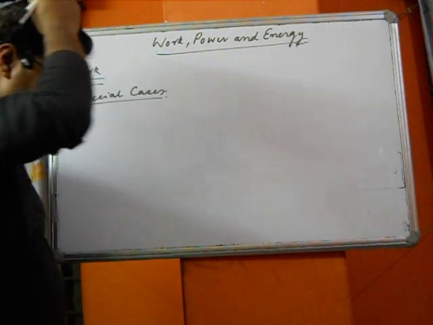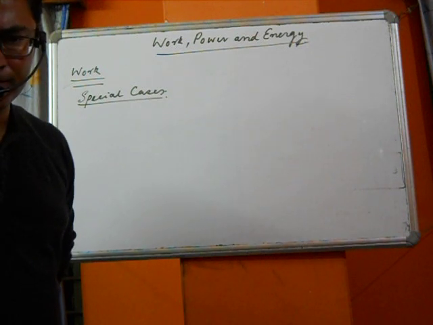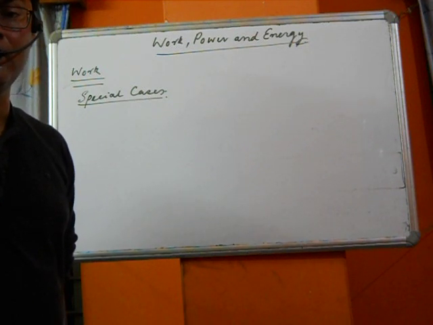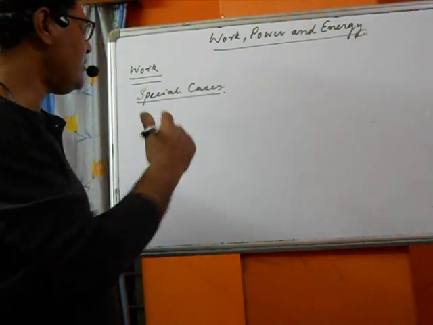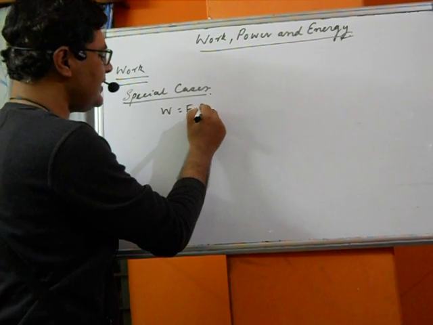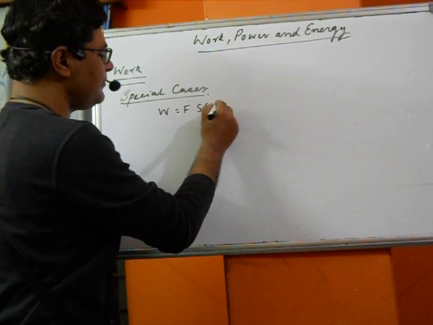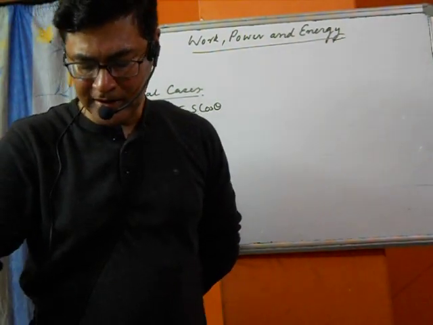This angle may be anything. Depending on this angle, the value of the work done changes. So W equals F into S cos theta. This is what we understood.